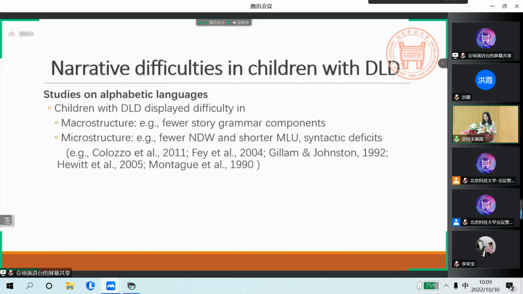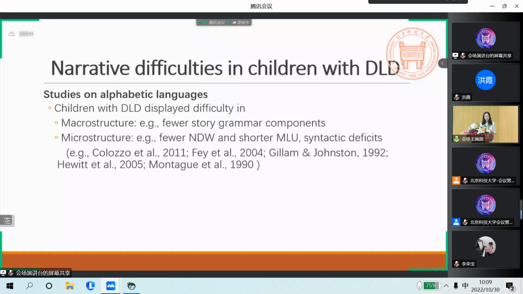So about the studies on children on narrative development and narrative disorders. Previous studies from alphabetic languages show that children with DLD might display difficulties in both dimensions, micro and macro.